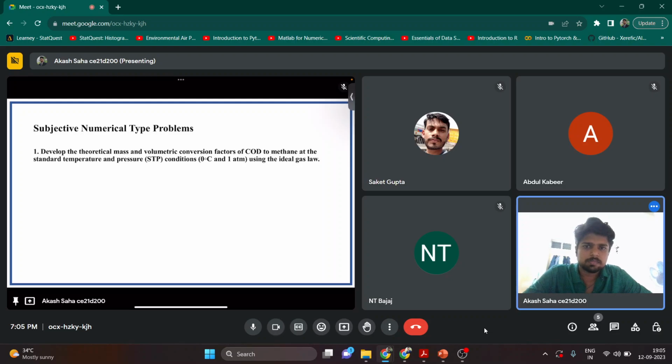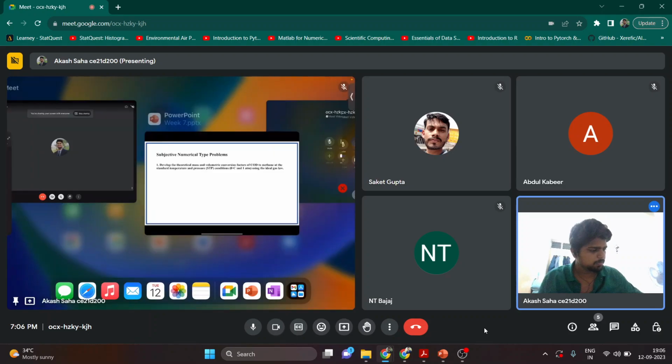So if you have noted down the question, here we are talking about if methane is being oxidized, per gram of methane how much oxygen is required? What is the COD content? Okay, so we will see how to solve this problem.